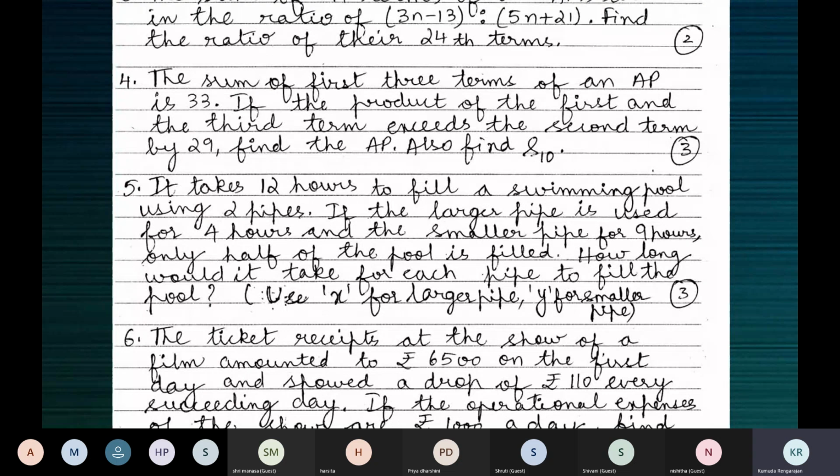The fifth one: it takes 12 hours to fill a swimming pool using 2 pipes. If the larger pipe is used for 4 hours and the smaller pipe is used for 9 hours, only half the pool is filled. How long would it take for each pipe to fill the pool? Use x for the larger pipe and y for the smaller pipe.